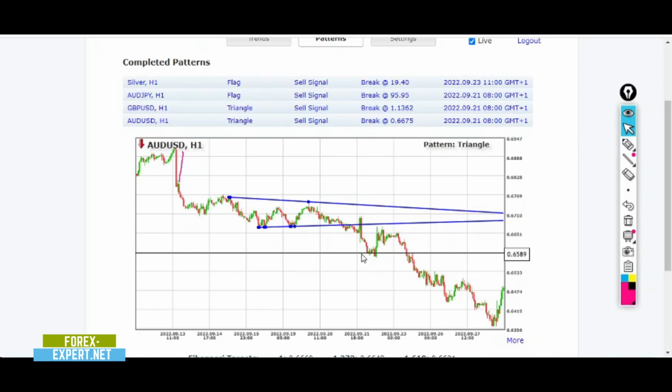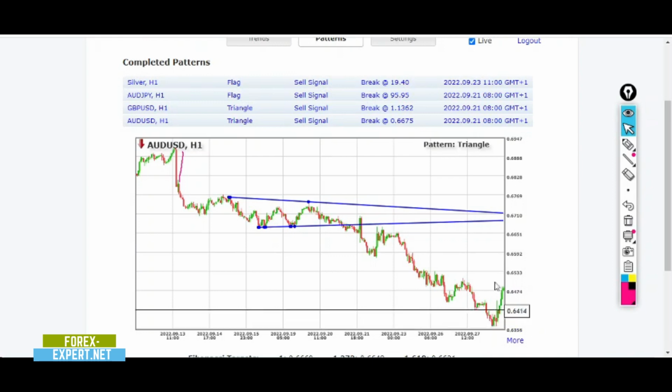But anyway, we got a retest at 66.50. And then the price harmonically went down to 63.67. So a pretty nice trade, around 300 pips more or less.